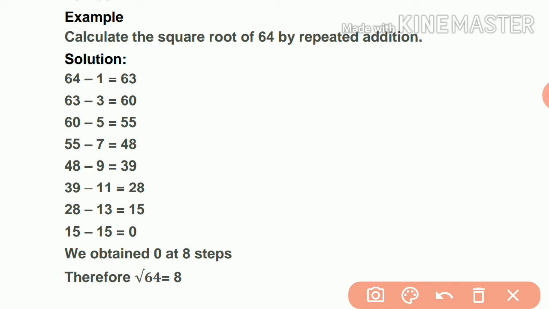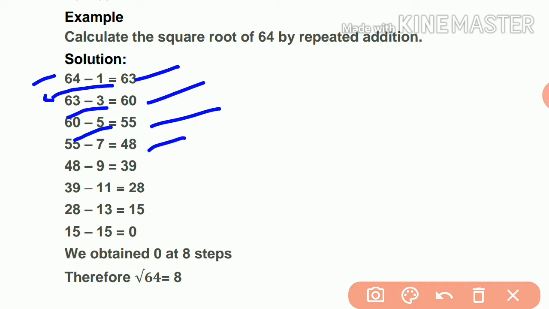So we write first 64 minus 1, that is 63. Then again subtract 3 from 63, it becomes 60. Again we subtract 5 from 60, we get 55, and then subtract 7, and so on until the result becomes 0.